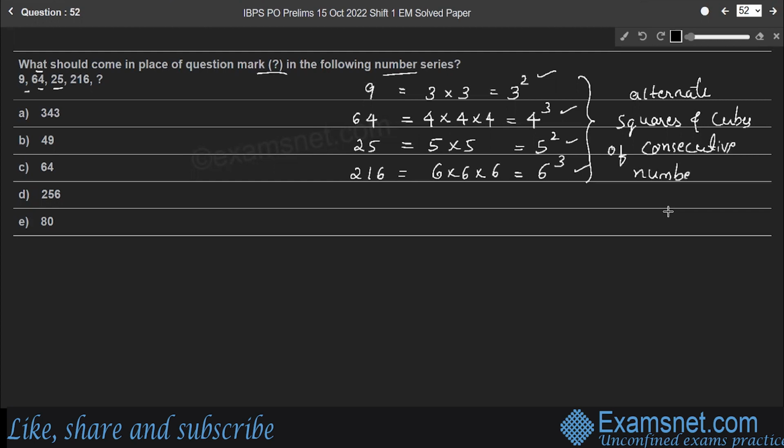So starting from 3, alternate squares and cubes of consecutive numbers. Therefore, to get the fifth number, the number should be the square of the consecutive number to 6. That is 7, 7 square. So 7 into 7 is 49, right? Therefore, option B, 49, is the fifth number.